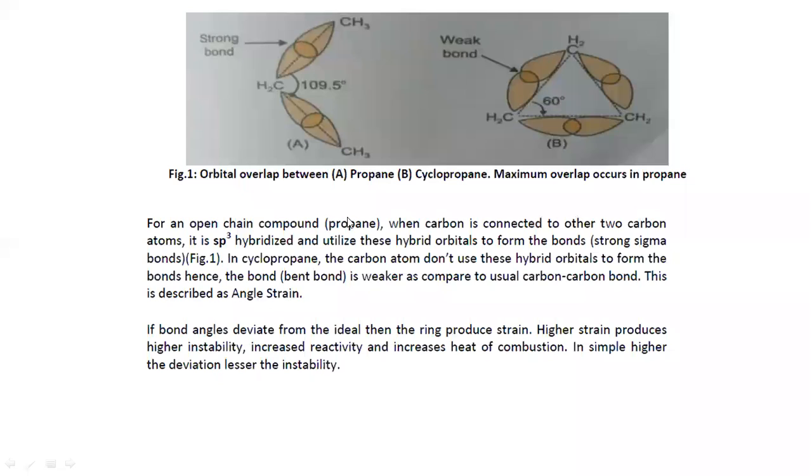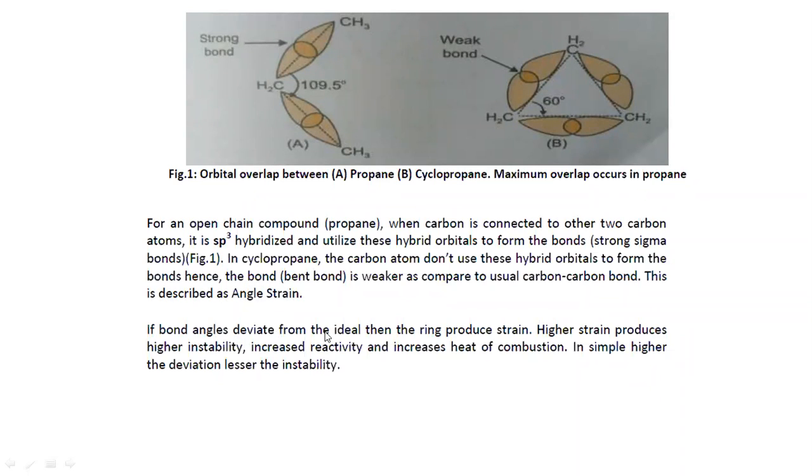For an open chain compound like propane, when carbon is connected to two other carbon atoms, as it is sp3 hybridized, it gives the bond angle of 109.5 degrees. But in the case of the cyclopropane molecule, the bond angle is changed. There is deviation from the normal tetrahedral bond angle. This deviation gives strain in this ring, and that strain is known as angle strain.